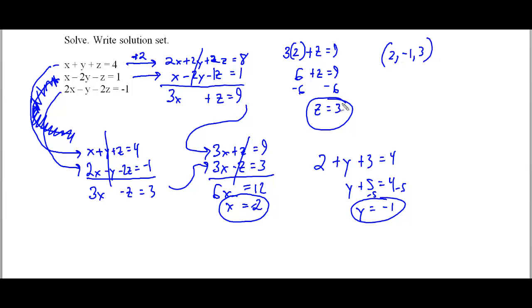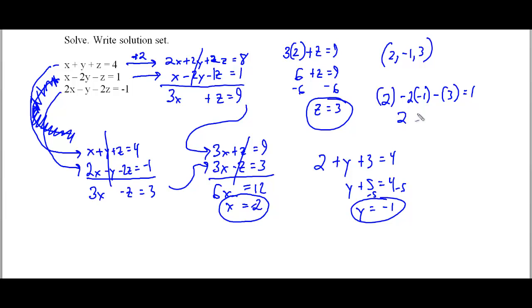Now, it would benefit me to take this answer and plug it into one of my other 2 equations and see if it actually checks out. So this is 2. I'm going to plug it into the second equation here. So 2 minus 2 times negative 1 minus 3 equals 1.